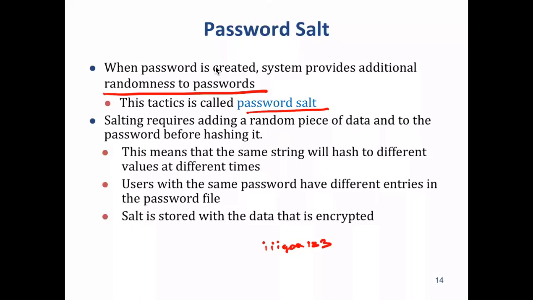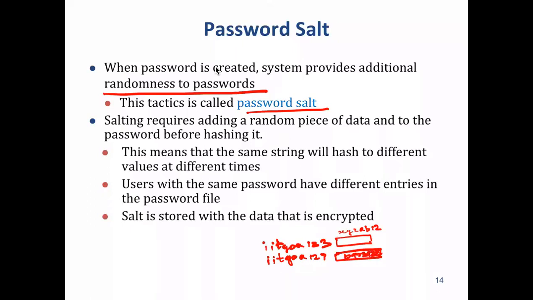And then this salt is added to it. Usually it's put after, or it could be before. For example, this is say XYZAB12, whatever. And for you, this could be different, say PQRS12*, or whatever.